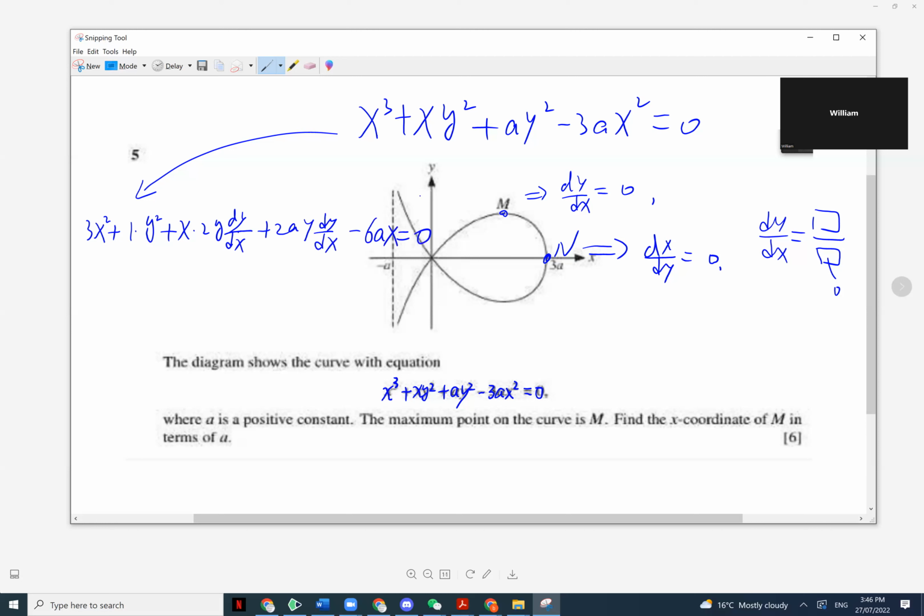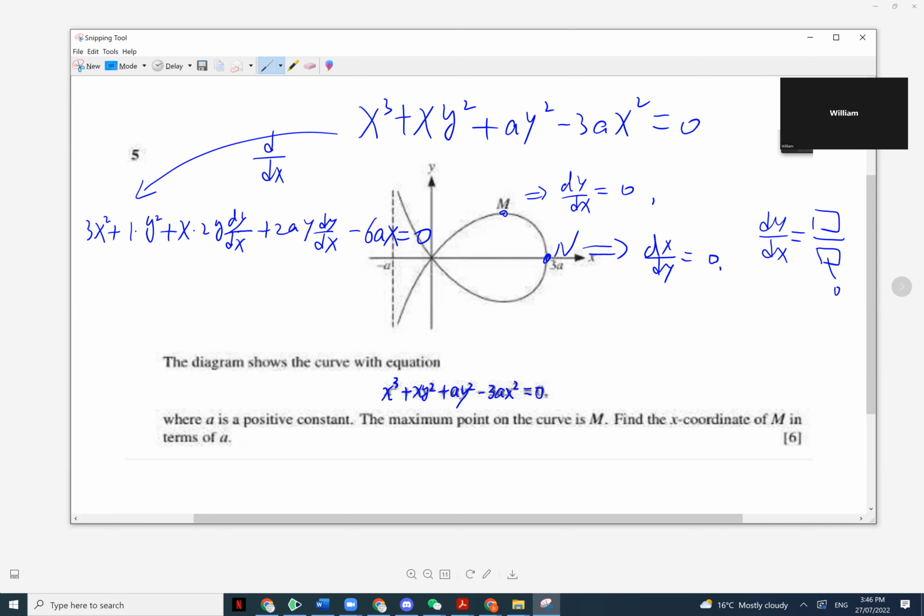So that's how we differentiate both sides with respect to x. Can you understand the first step? Yes. What's the next step? Take dy to one side. Very good.